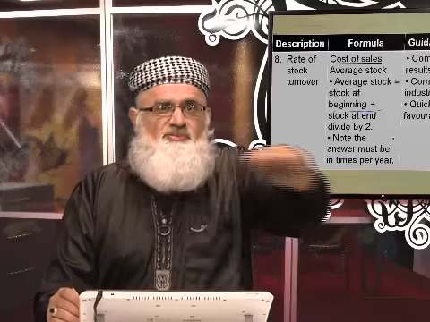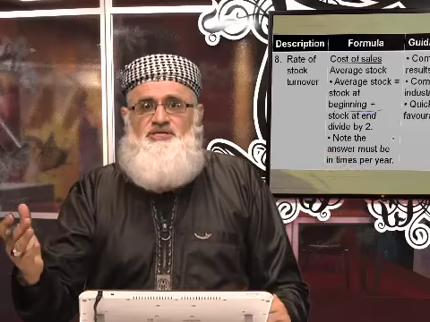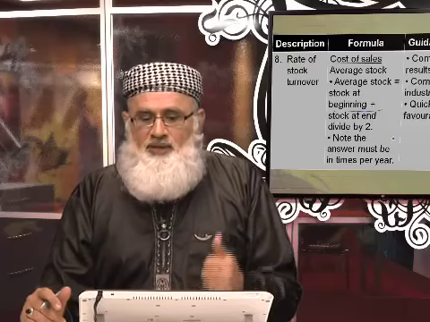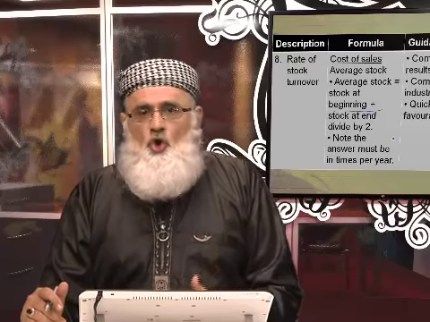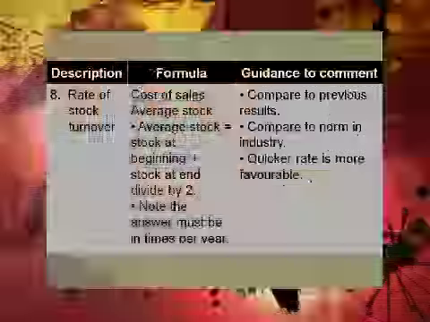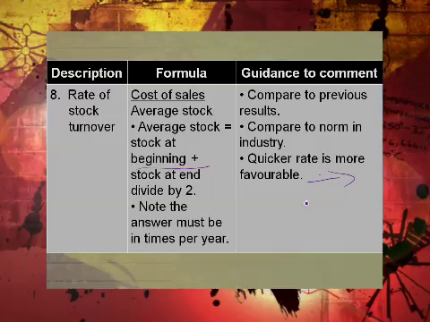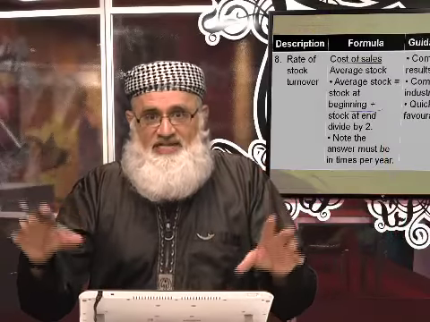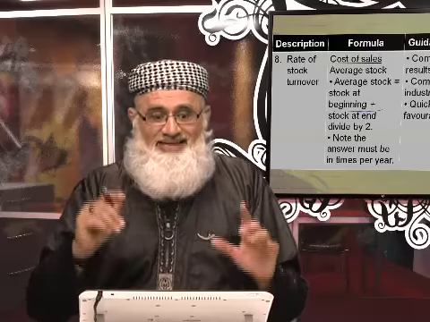Why? Because everybody's turning their stock 5 times a year, and you are turning your stock 2 times a year. Definitely, you may be buying wrong stock, or there's definitely some problem with your stock. Therefore, a quicker rate is more favorable. The more you turn over your stock, the more it helps with liquidity. Again, it would depend on the type of enterprise. Remember that is important.